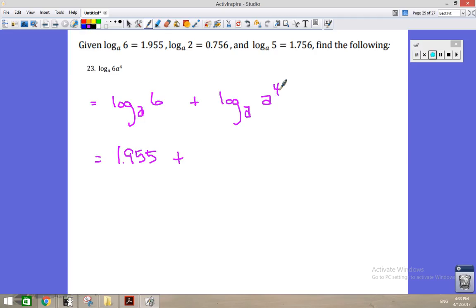I can take this exponent by the power rule and pull it out in front as 4 times the log of a base a. Well, that's just the number 1. Remember, a logarithm equals an exponent. A to the first power is a. So 1.955 plus 4. And that's what I get.